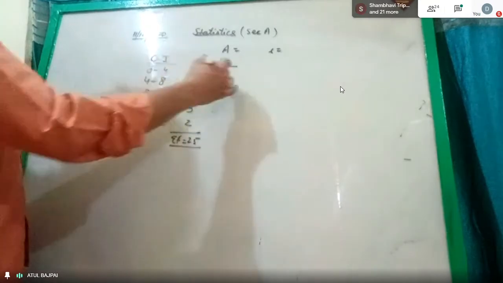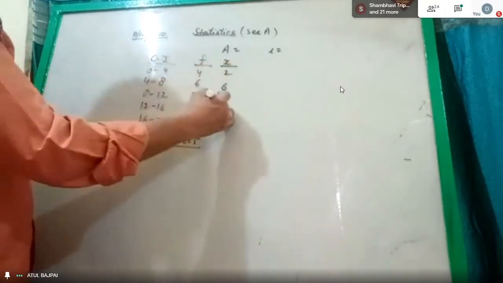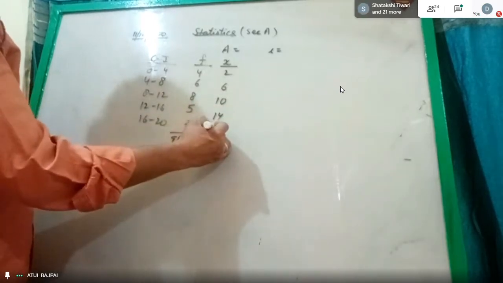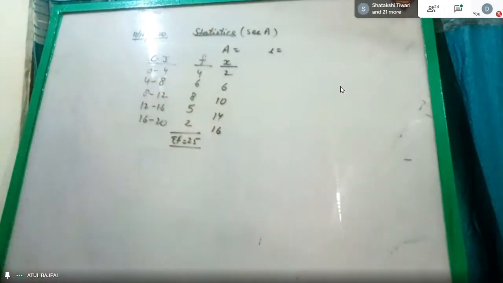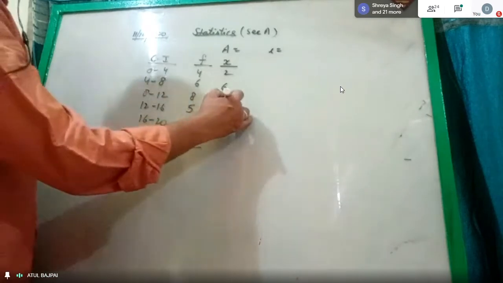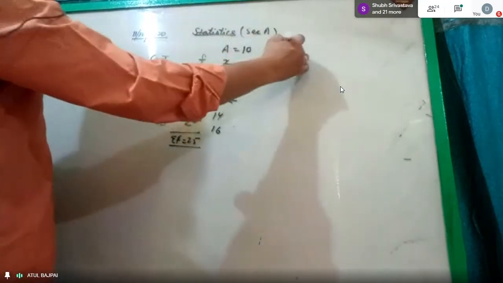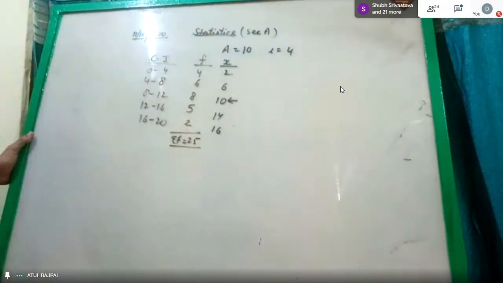So 0 plus 4 by 2 is 2, then 6, 10, 14, and 18. Now we take the assumed mean as 10. What is the class size? 4. Clear about this?